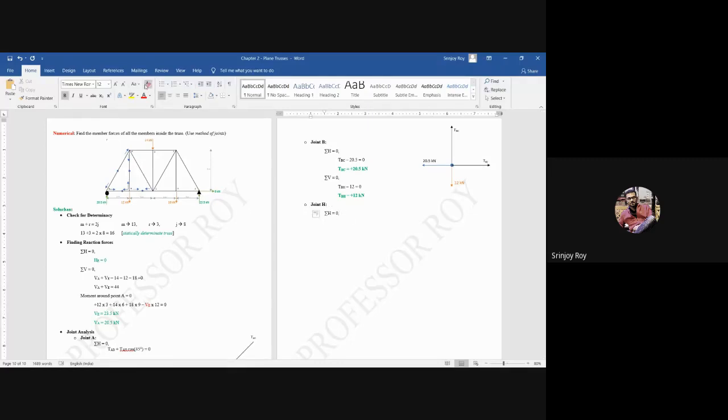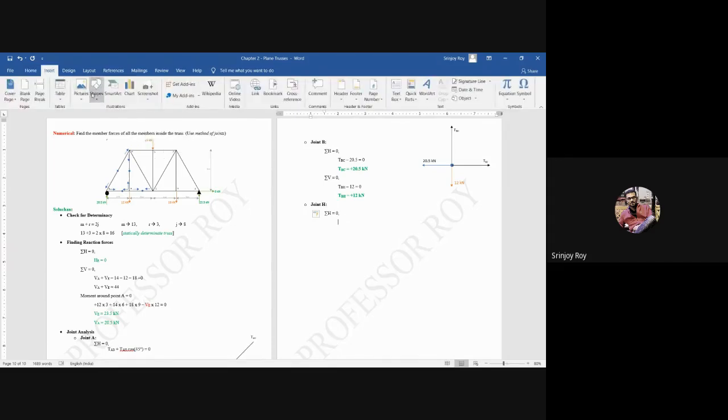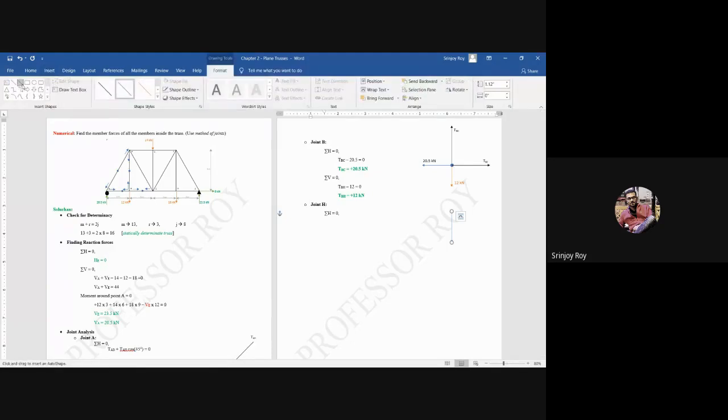So let's draw the joint H for once. How does it look like? One force will be like this. Another force will be like this.